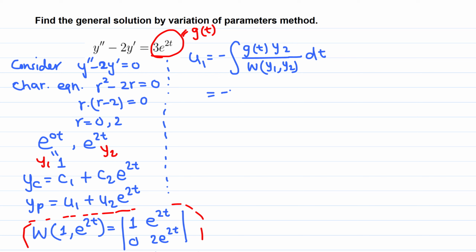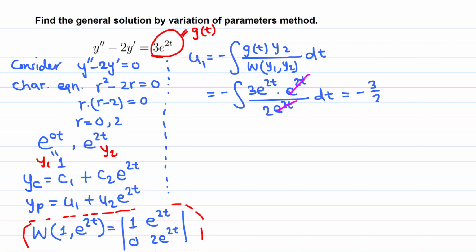So negative gt is 3 e raised to 2t times y2. y2 is e raised to 2t over the Wronskian, 2e2t dt. Now we can see e2t cancel. So 3 halves can be pulled outside.